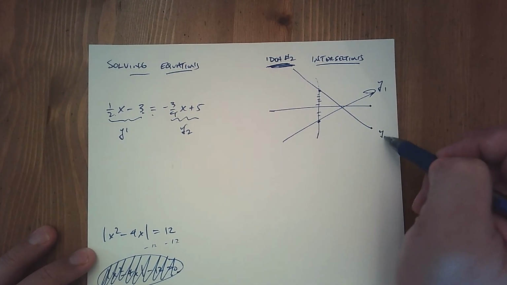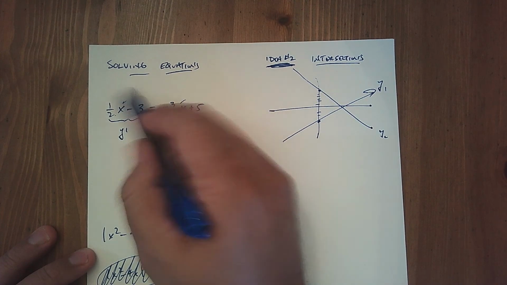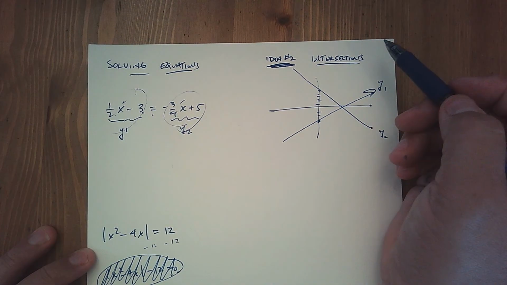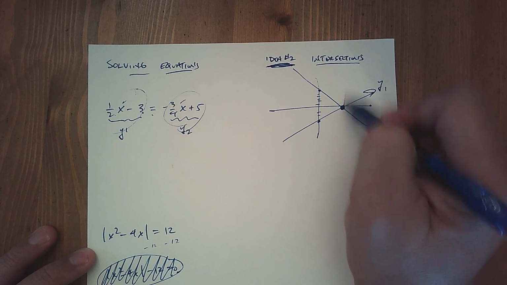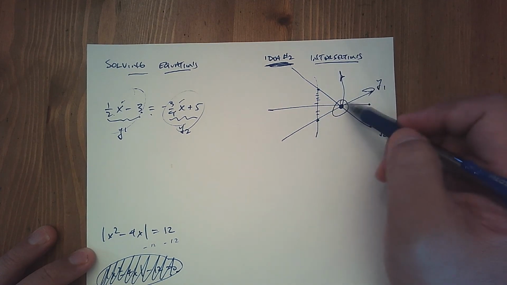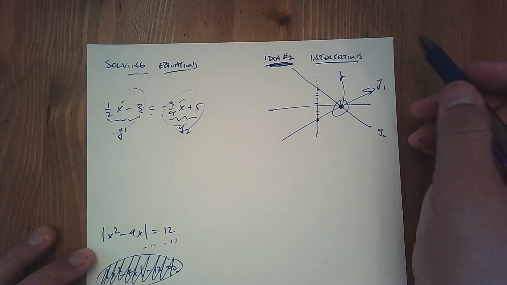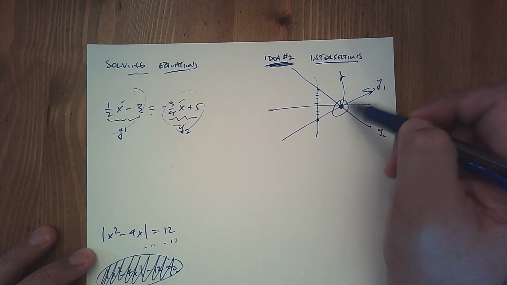And so there's y2. So what we're trying to find is what inputs make this output and this output the same. Well, what we're looking for is an intersection point, a point of intersection. Now, it's just coincidence that that looks like it's also an x-intercept for these graphs. It may or may not be, but what it is, it's a point of intersection.